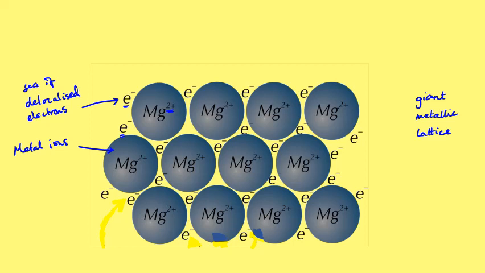And what else we can say is that the metallic bond is the attraction between the sea of electrons, which are negative, and the positive metal ions. So you're going to have temporary but strong bonds between the moving electrons and the static ions.